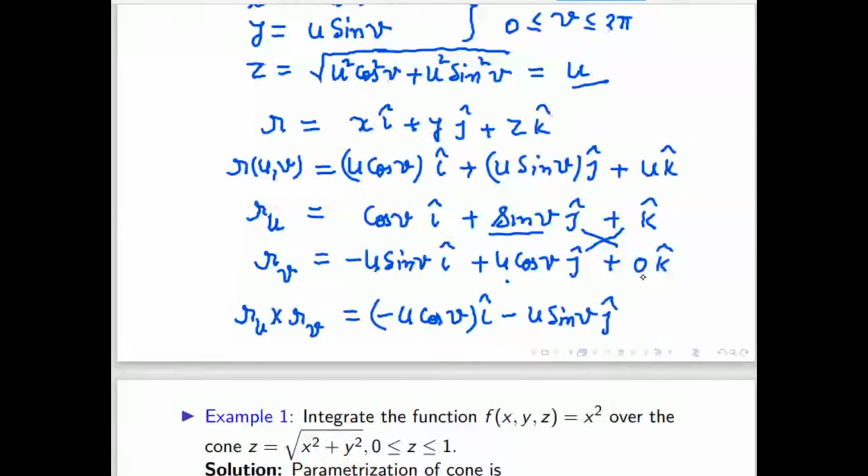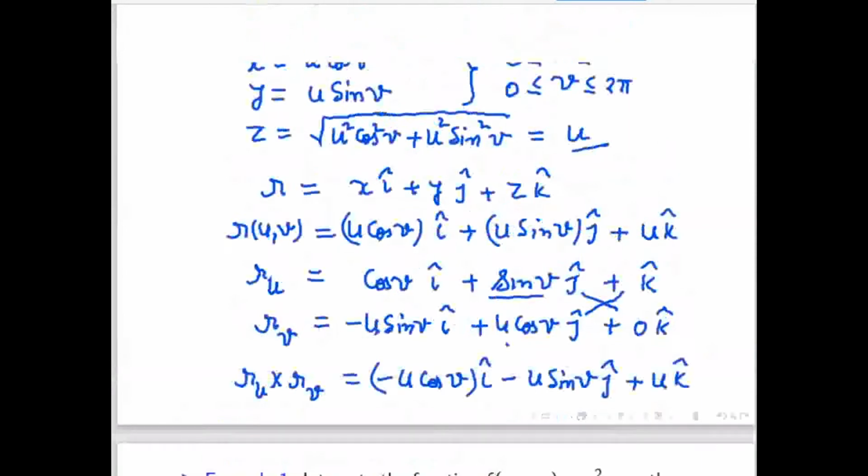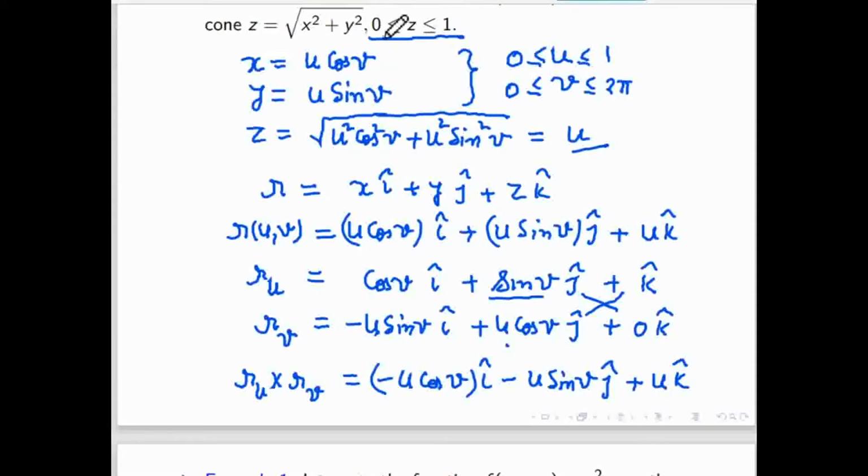And for k, it gives u times cos square v plus sin square v, that means u times k cap. Is it okay? So till now, what I did was only the parameterization of this cone. I wrote r, the parametric vector, then the differentiation of r with respect to u and v, and ru cross rv.